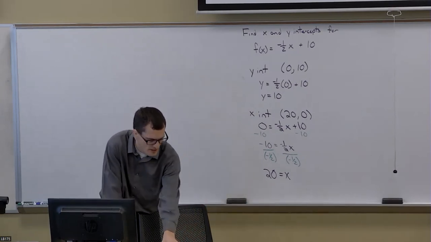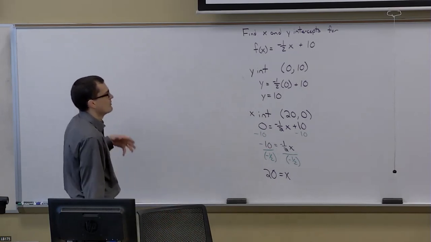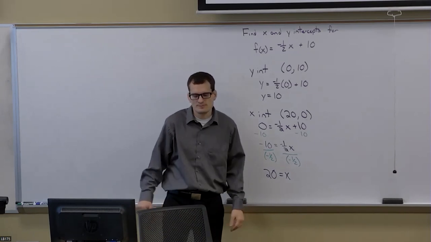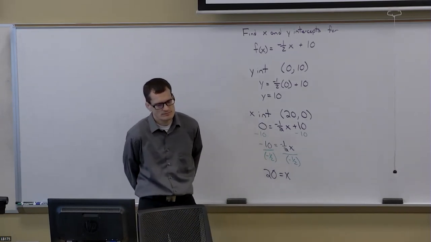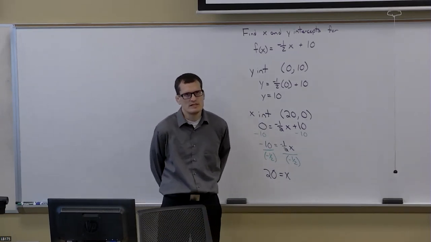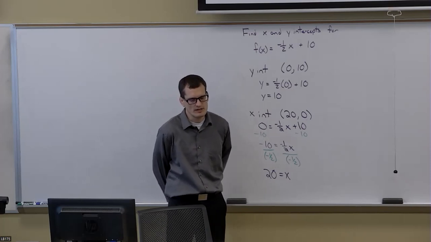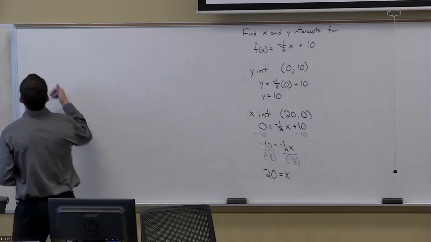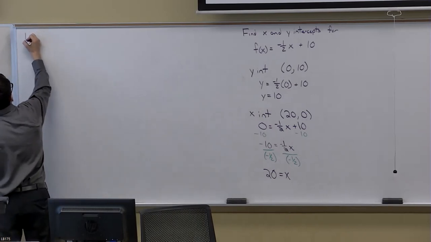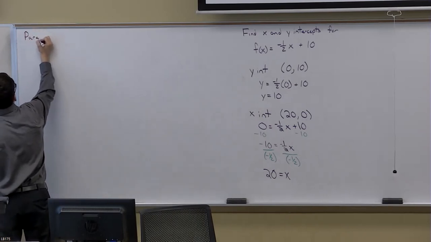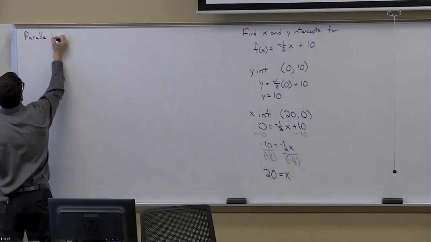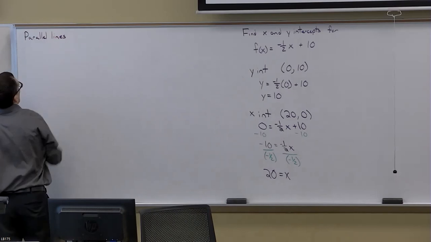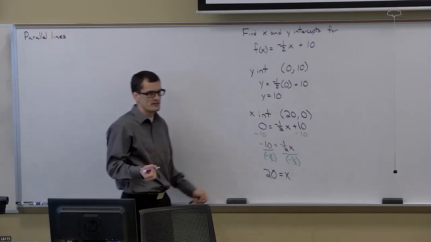So we've graphed lines, and we found x and y-intercepts of the line. The other thing that we're going to focus on in this section is the concept of parallel lines, and then the concept of perpendicular lines.